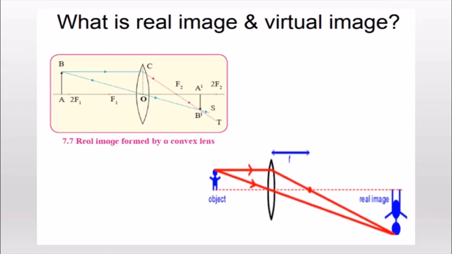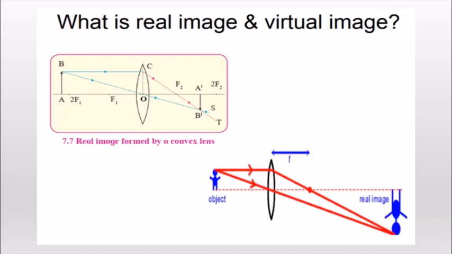The incident ray BC, shown in blue color, starts from B and goes parallel to the principal axis, and then it goes through the principal focus F2 and gets refracted along the line CT. So BC is the incident ray and CT is the refracted ray here.